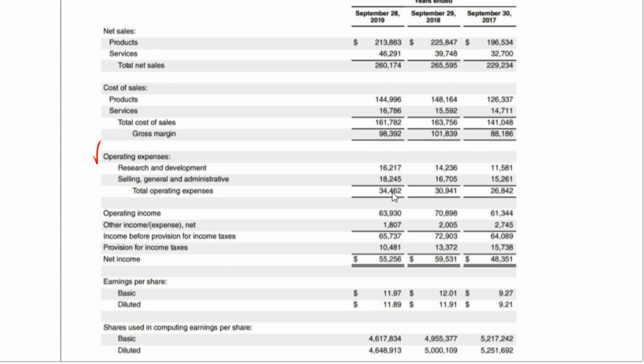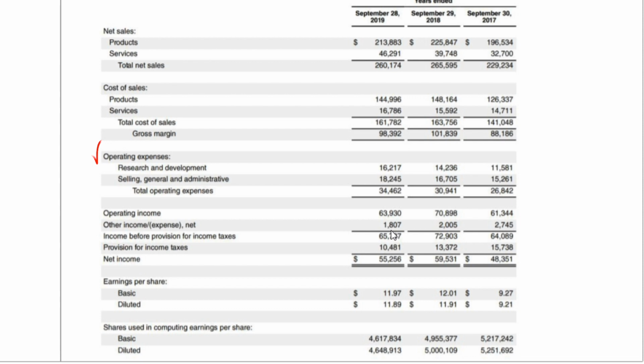And there was over 34 billion in indirect operating expenses. So their operating income is gross margin minus total operating expenses, and that gives you the operating income.